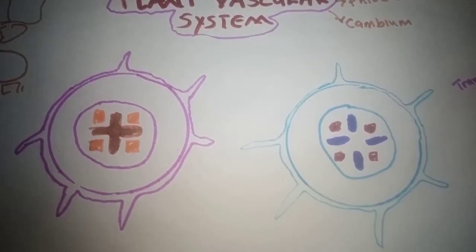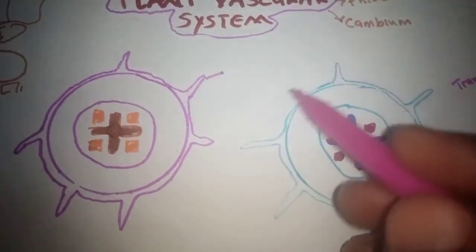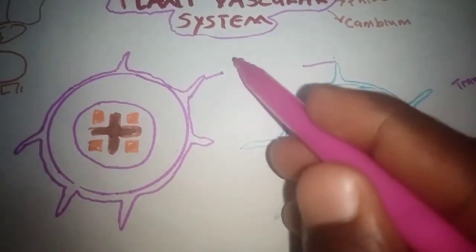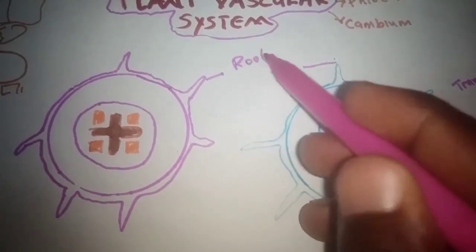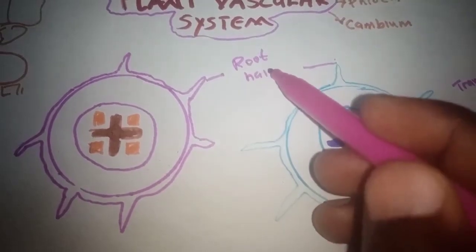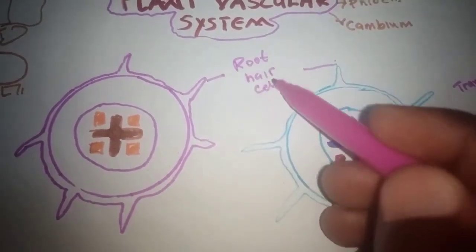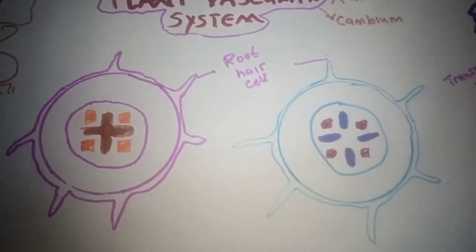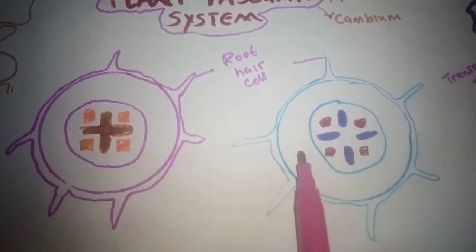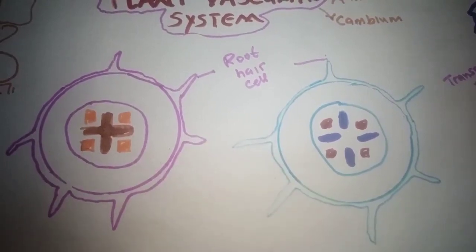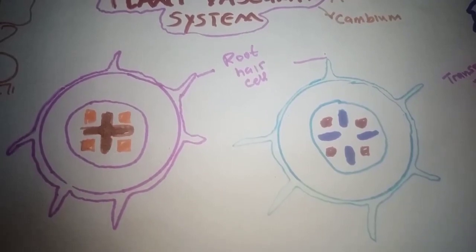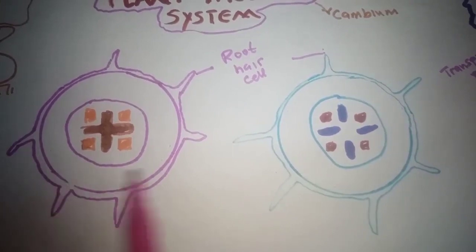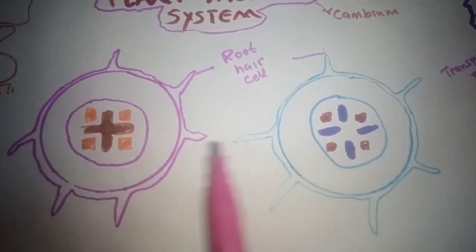Now the first identification feature here would be the root hair cells. So we know these two diagrams are from the roots. The next thing is, we don't know which one of the two is a dicot and which one is a monocot.